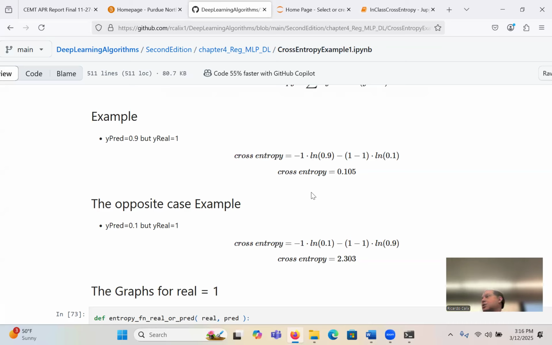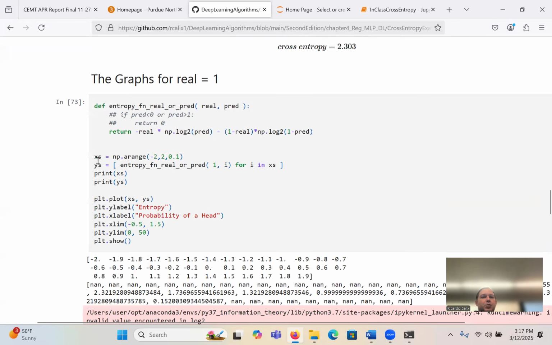Given that graphical representation, when we do stochastic gradient descent, we descend on that graph. If, on the other hand, we had gotten the other label, 0, then this would cancel out, and we would have been on this side. Then that graph looks different because it's a different function.